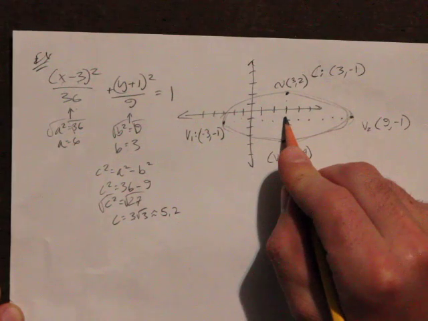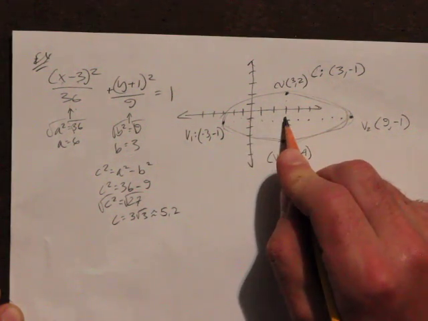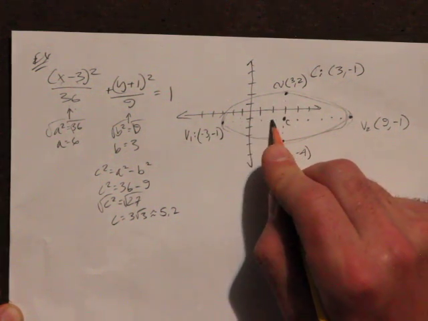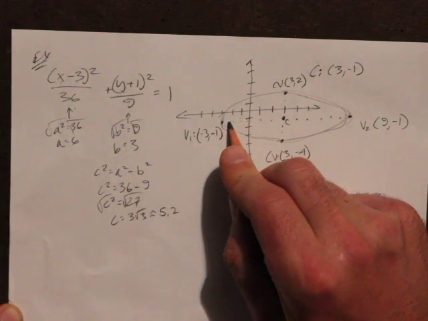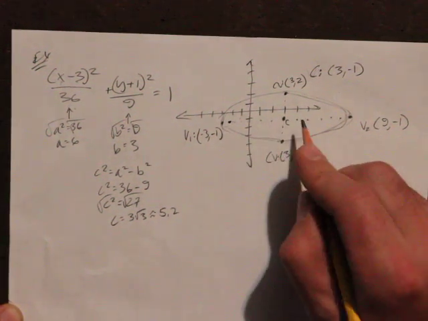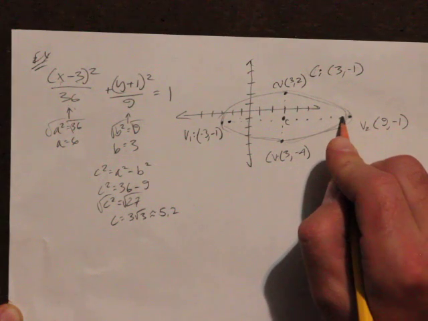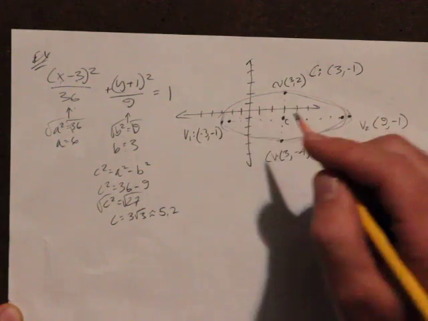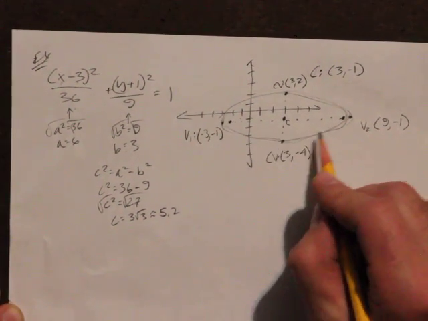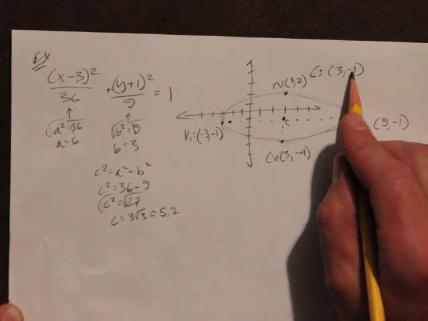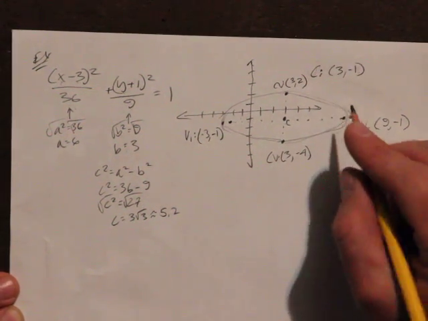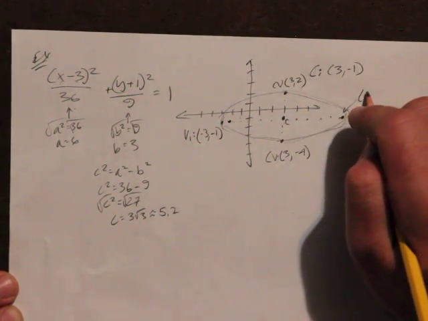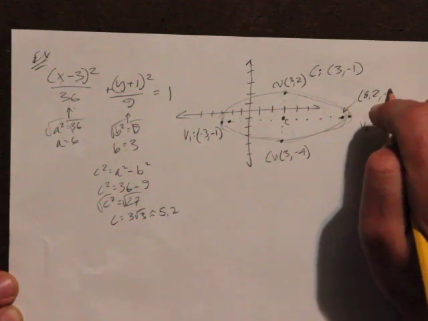So that means 5.2 spaces from the center is going to get me my foci. So I go 1, 2, 3, 4, 5.2 right there, and 1, 2, 3, 4, 5.2 right there. Those are my foci. And my center is 3, negative 1, right? So I can find this focus is 3 plus 5.2, so that is 8.2, negative 1.